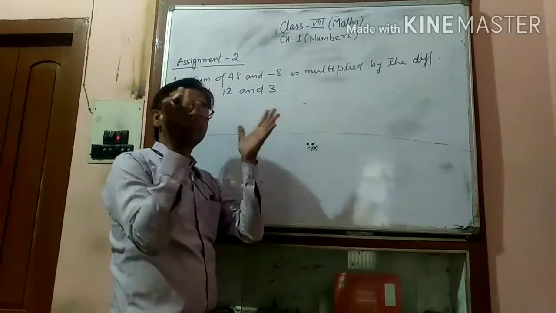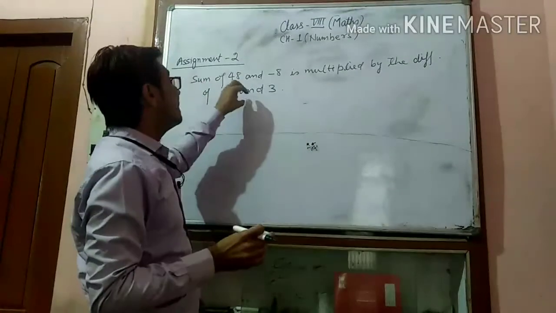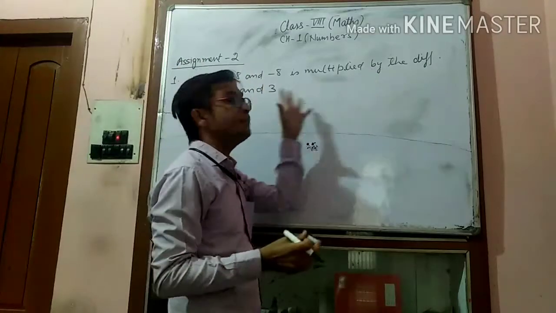Apply the VBODMAS rule according to this. Mention this in the brackets. These numbers apply in the brackets.